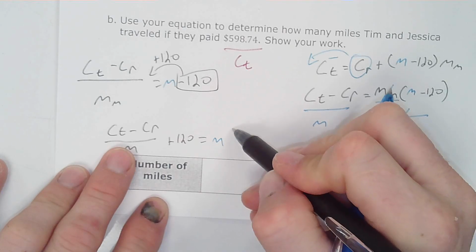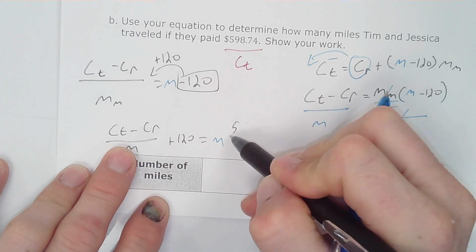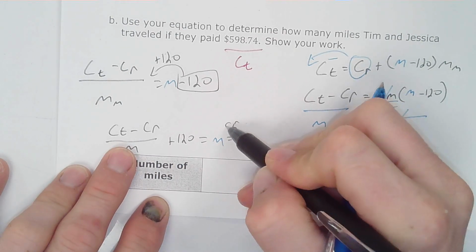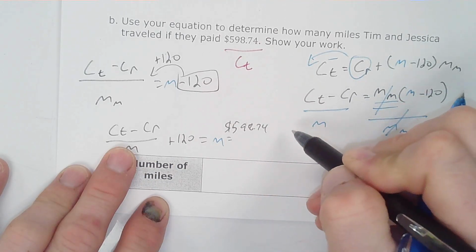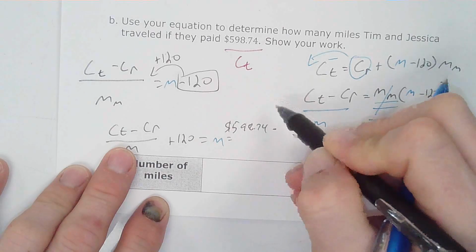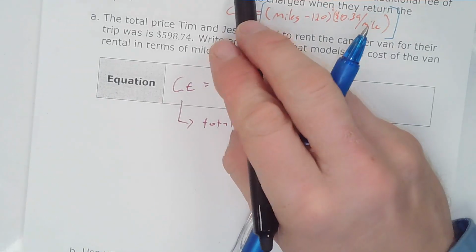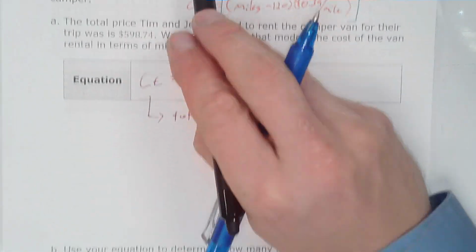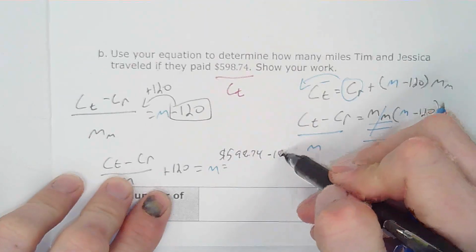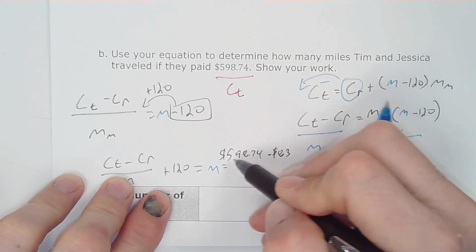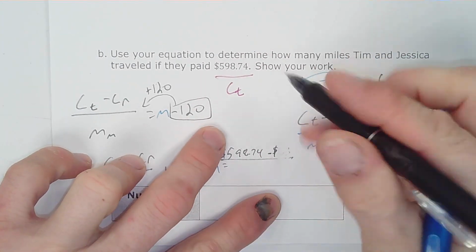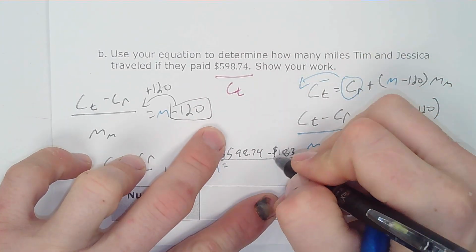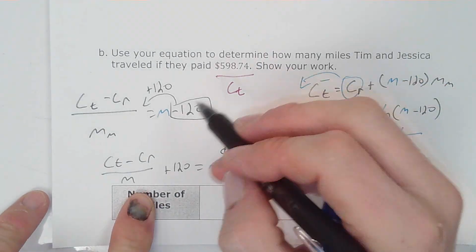So if I plug it in, the total cost was $598.74 minus the cost of the rental, which was $183, minus $183. Okay, that's dollars on the top I'm gonna have left over. $183 divided by the slope, my rental slope.